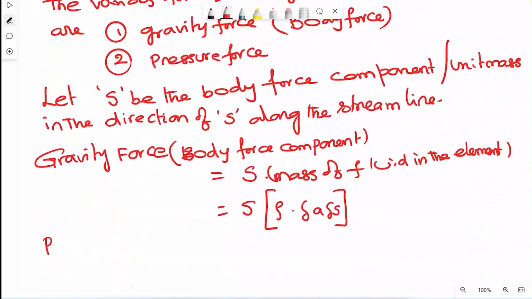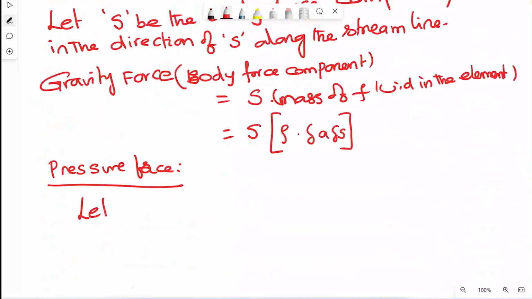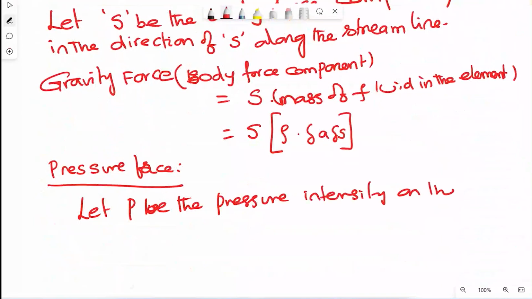Then next, pressure force. Let P be the pressure intensity on the left hand side of the element.